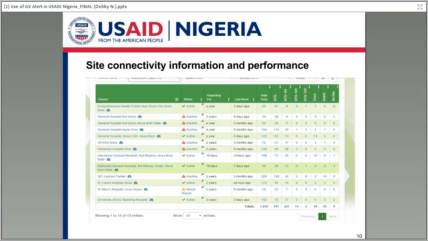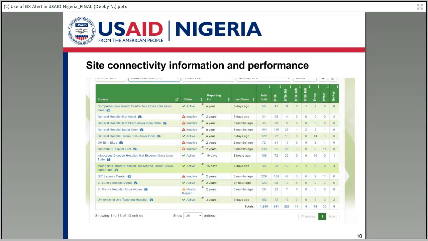Now this could be for a host of reasons really, but we don't know, because like I said, the IPs that support these sites don't have access to this dashboard. So they're unable to tell if a GeneXpert machine in one of their LGAs is down, and they need to go figure out why the machine is down.